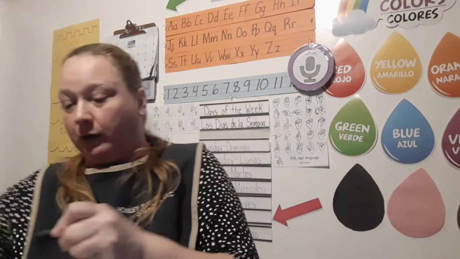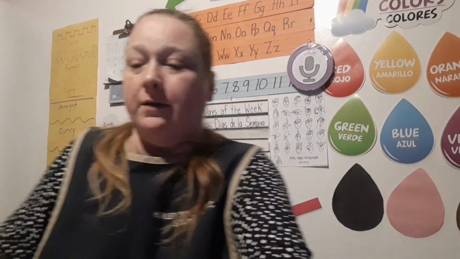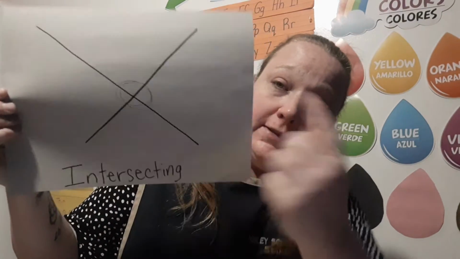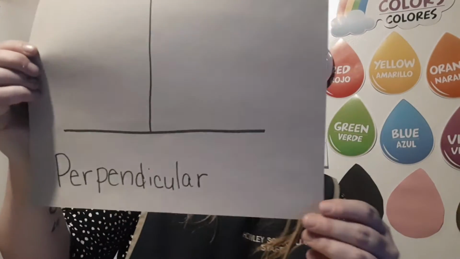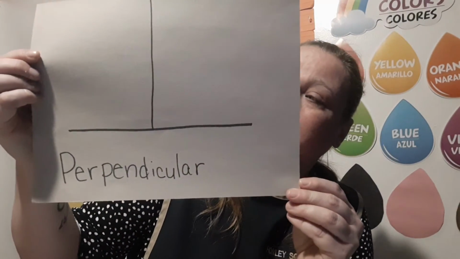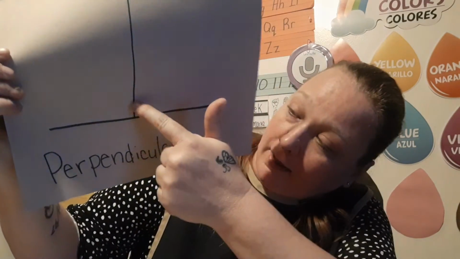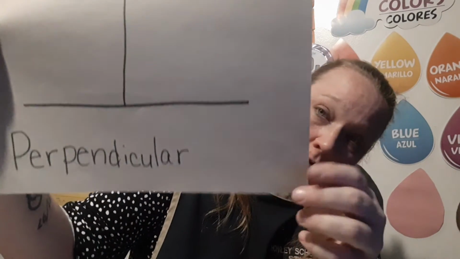Well, there you go, friends. Now you've learned to make different types of straight lines. And let's go over the ones that we did. We worked on intersecting. It's when they come together and they meet. We talked about perpendicular lines, which meet at their intersection at a right angle.